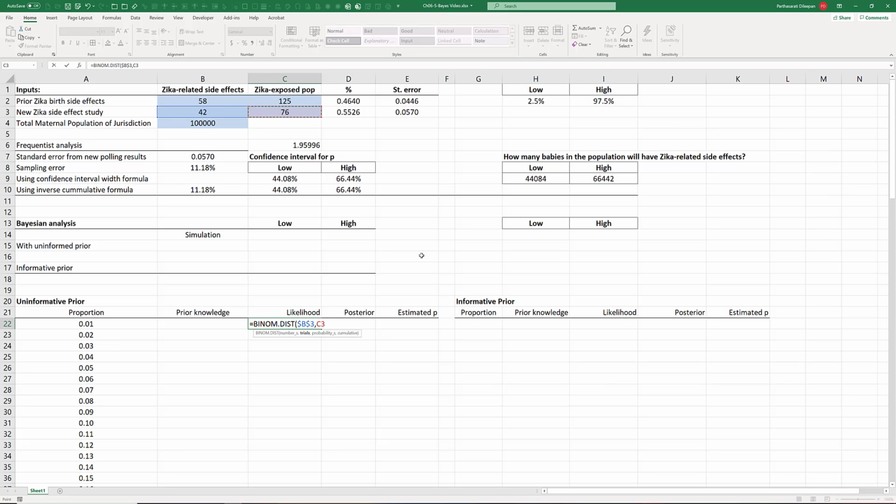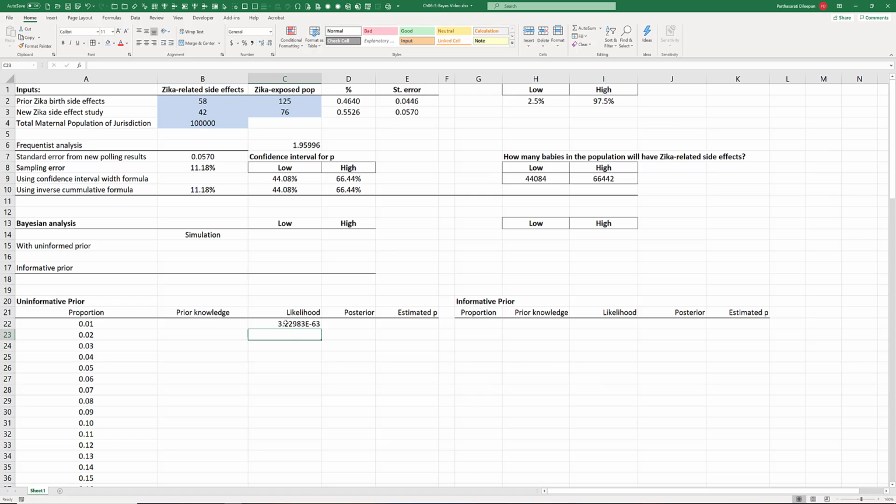Since we're going to copy, those two values must always come from B3 and C3, so we need to make sure they are absolute referenced. Then we have the probability of success, and finally whether we want the probability mass function or cumulative probability. We don't want cumulative probability, we want just the probability, so we say false.